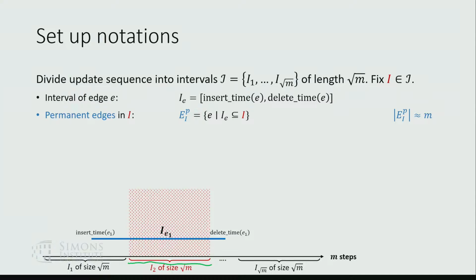Once you define the interval of an edge, I can define a permanent edge with respect to an interval I, the red interval here. This is just an edge that stays for the whole interval, so the interval of the edge contains I. This kind of edge that stays permanently within the red interval is a permanent one.